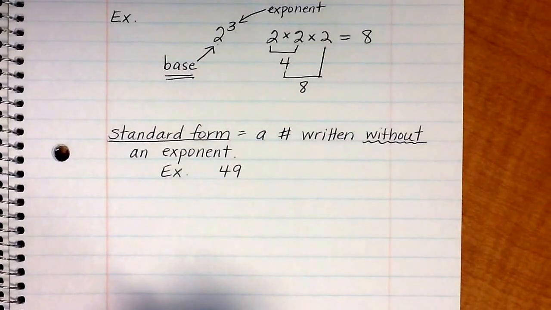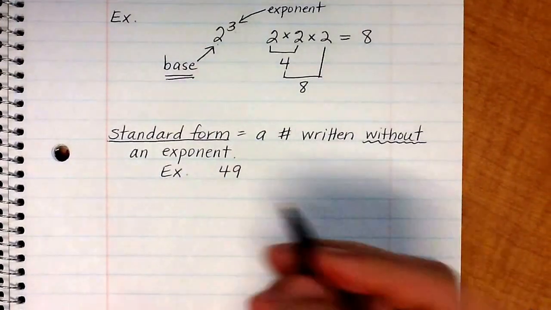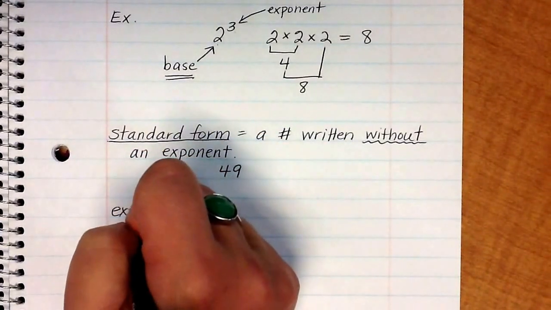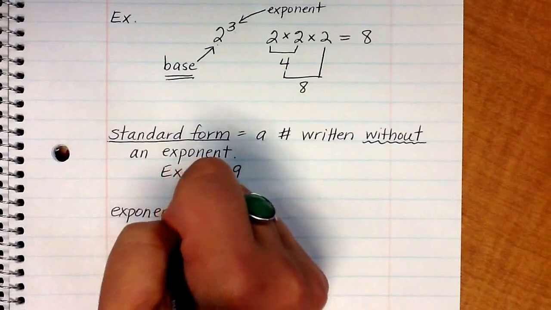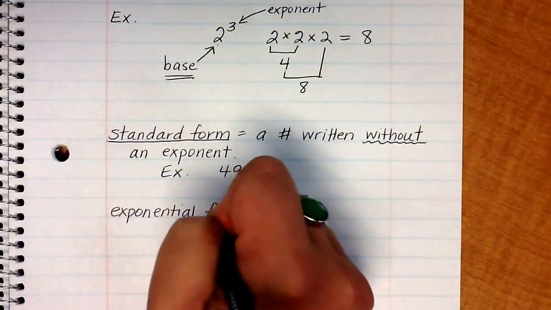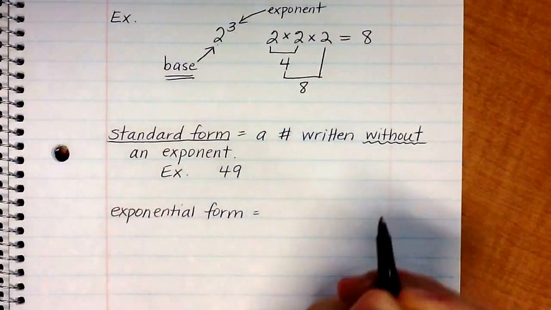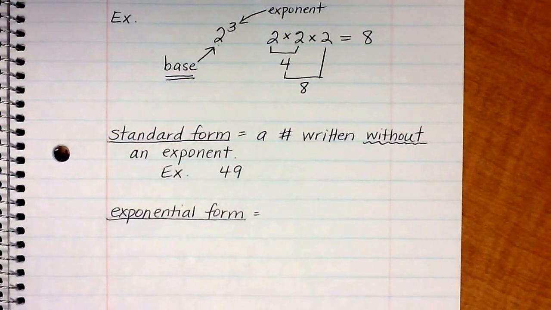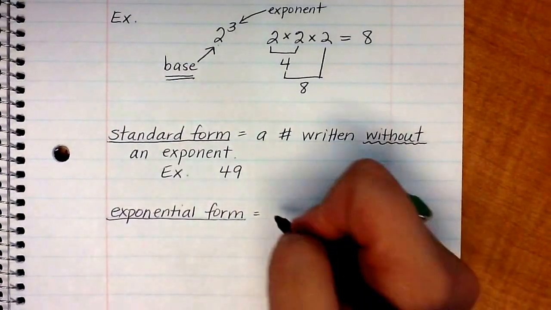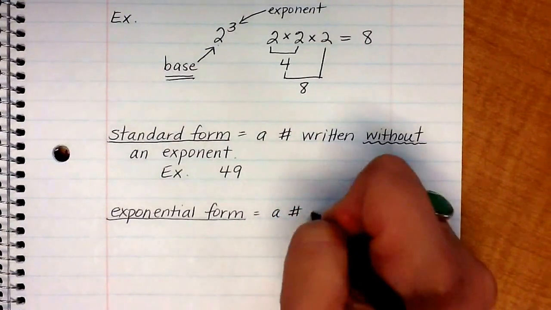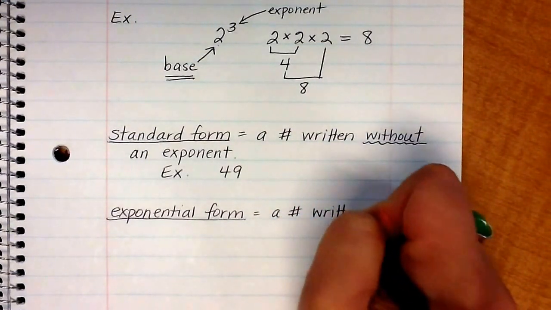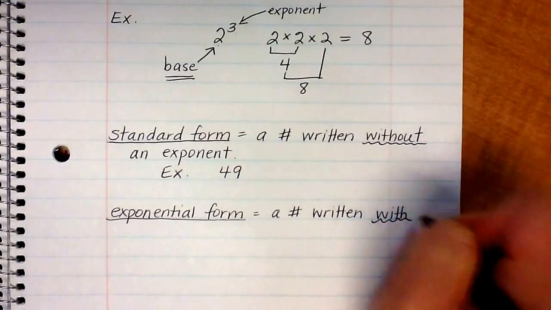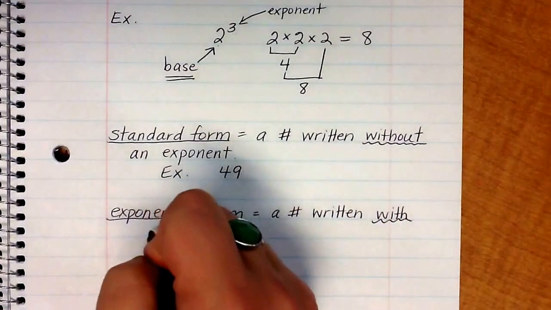Another term that you need to know in this section is exponential form. Exponential form is when a number is written with an exponent.